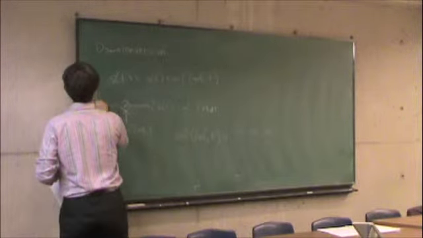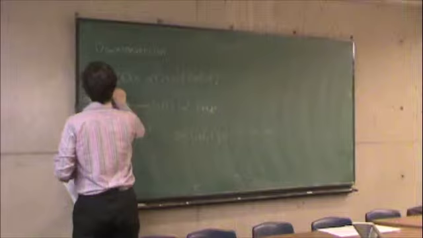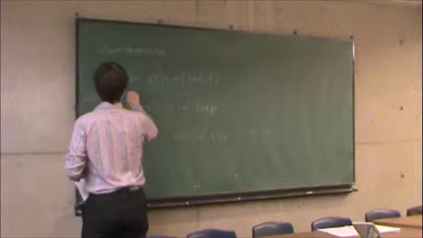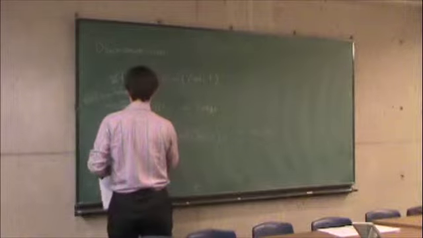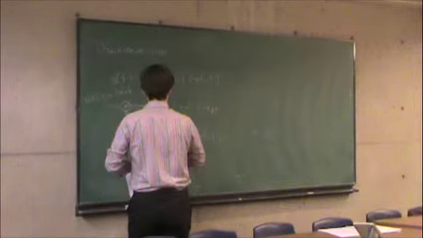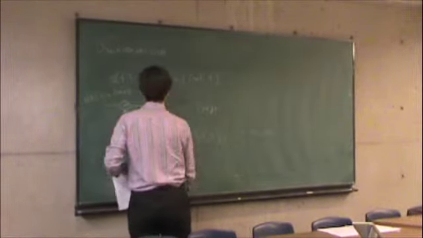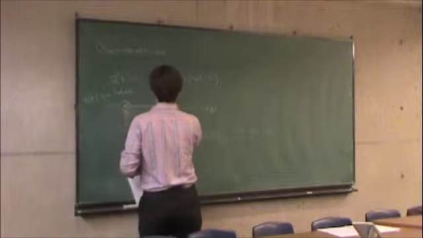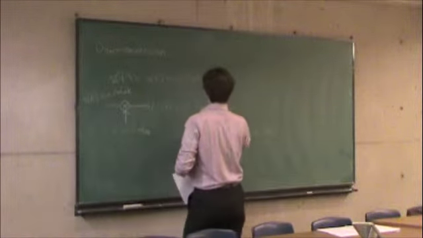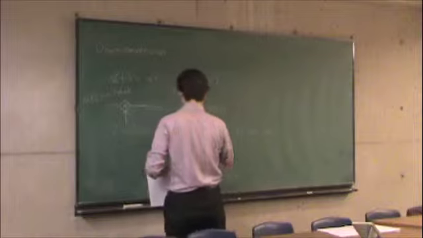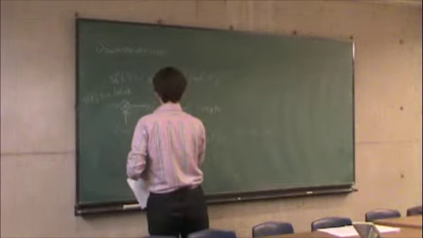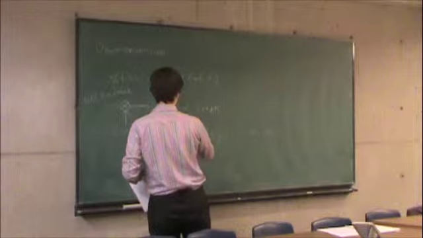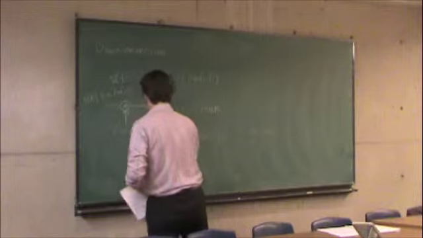S of k sine 2 pi f d k. That's 2 sine 2 pi f d k, and that's 2 S of k sine 2 pi f d k. So 2 S of k sine squared, let me back up.